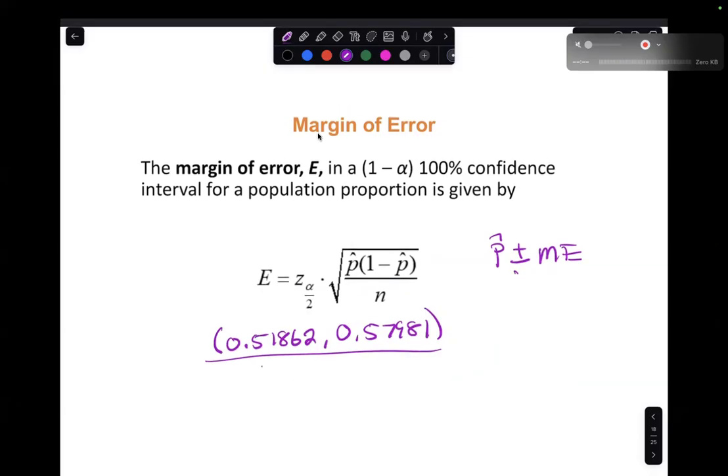So I would do 0.51862 plus 0.57981. I would divide it by 2. That's going to give me my p hat. I have it, but I'm going to still do this math.